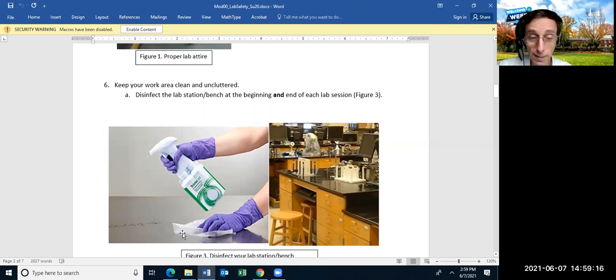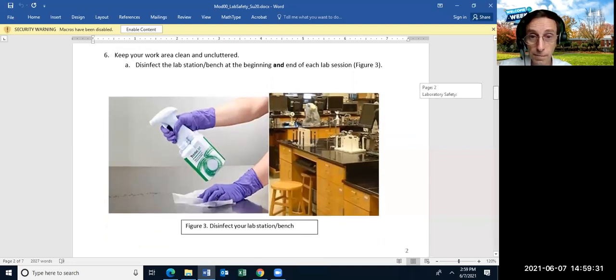It may not be a spill. It could just be that you opened the dish and some microorganism floated out of the dish and went onto the table. Anyways, you clean the area before you leave so there's no bacteria on the area.